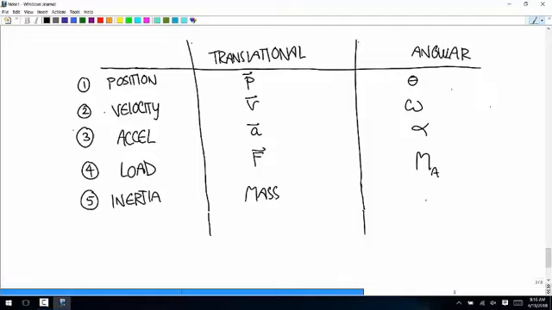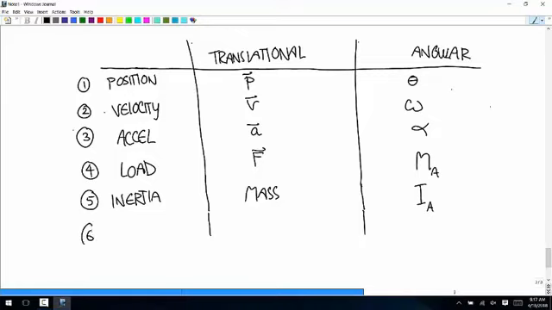And angular is I sub A, the mass moment of inertia. If you have a big mass moment of inertia, it's hard to get something rotating. If you have a small one, it's easy to get it rotating. So that's the example of it's hard to get a figure skater rotating if their arms are stretched out. It's easy if they're pulled in.